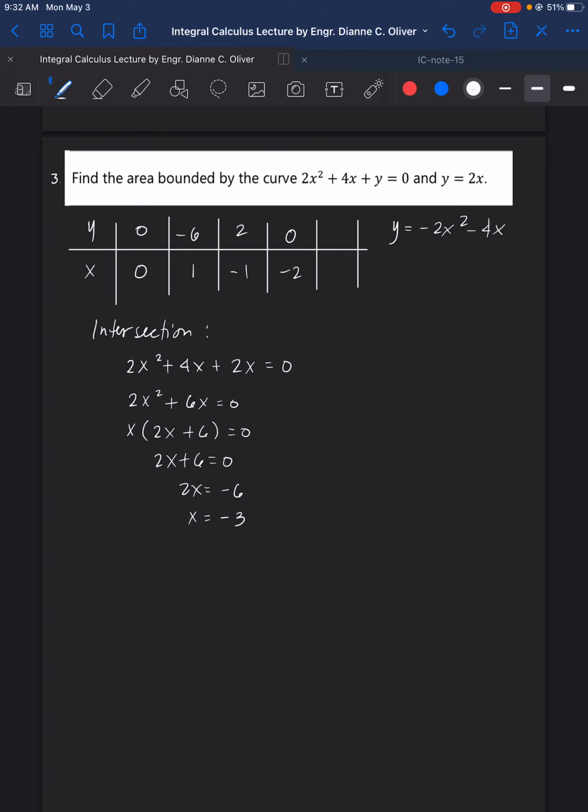Substitute that to the equation. y is equal to 2x, so y is equal to 2 times negative 3, y is equal to negative 6.